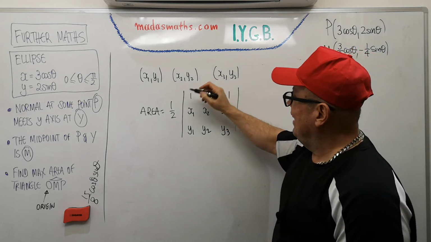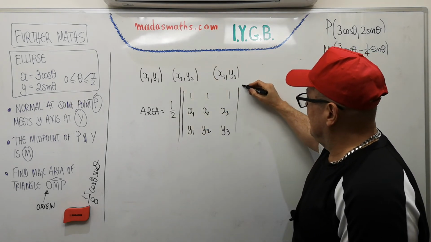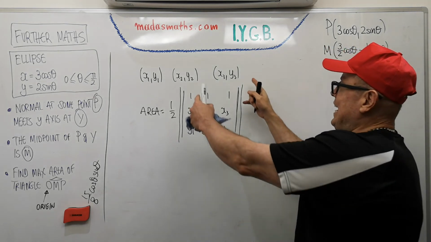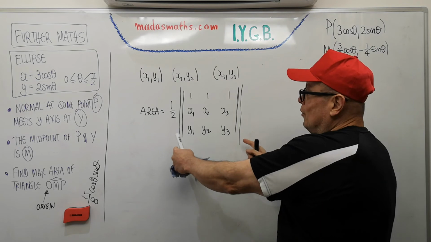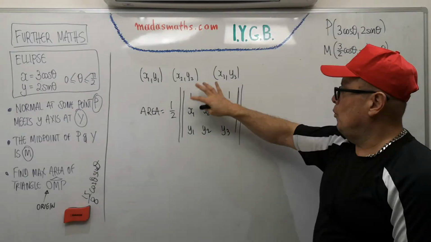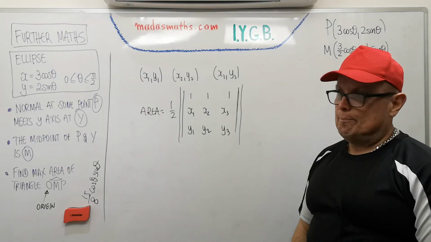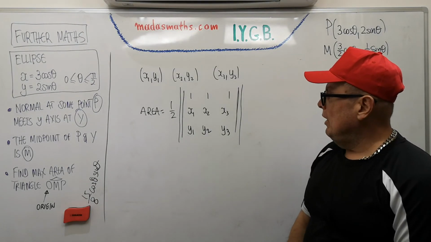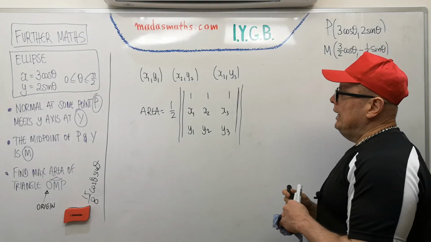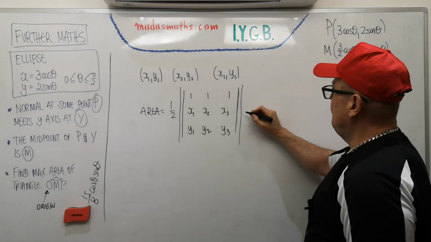It looks a little bit crazy when you write it. I'm going to put another straight line like this, and this is the determinant on the side, and this is the modulus, of course, of your determinant. So if that turns out to be a negative quantity, you ignore the minus and you just divide by 2. The minus just simply says your triangle is upside down, it's flipped. That's all.